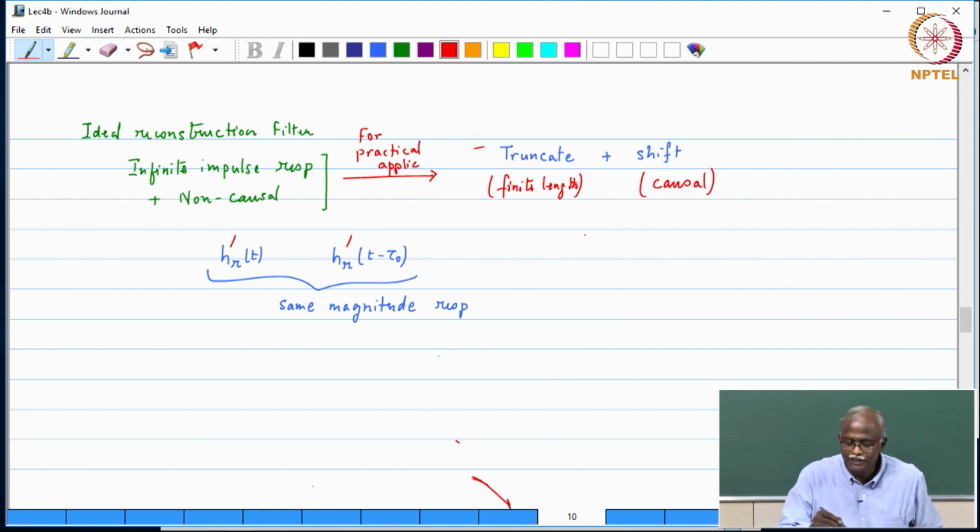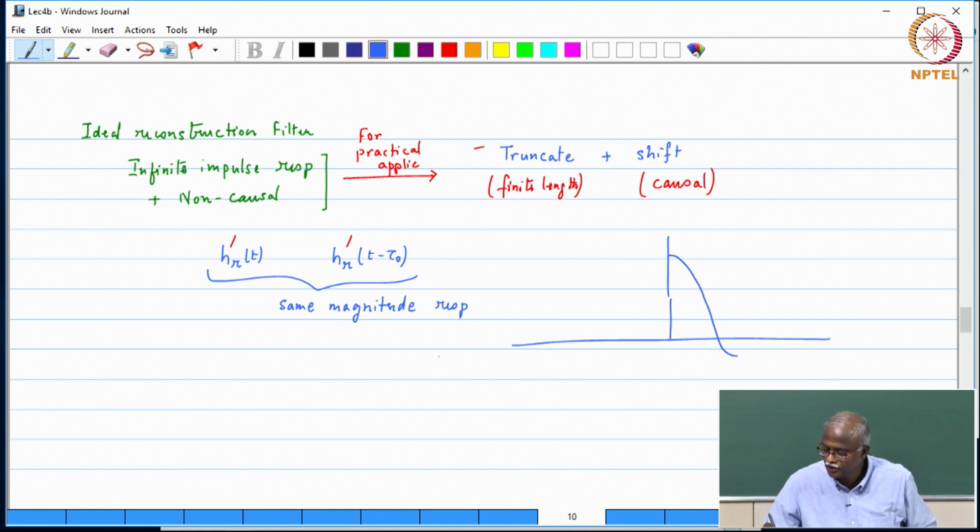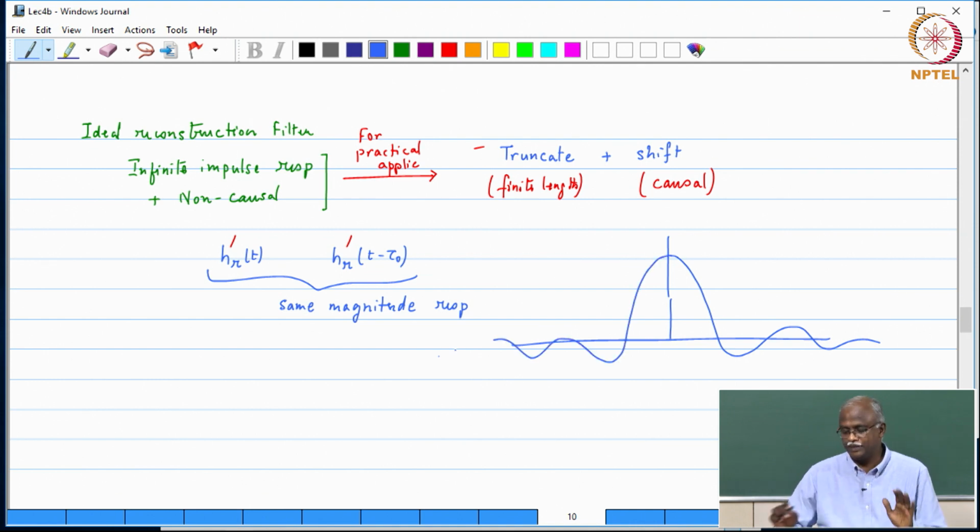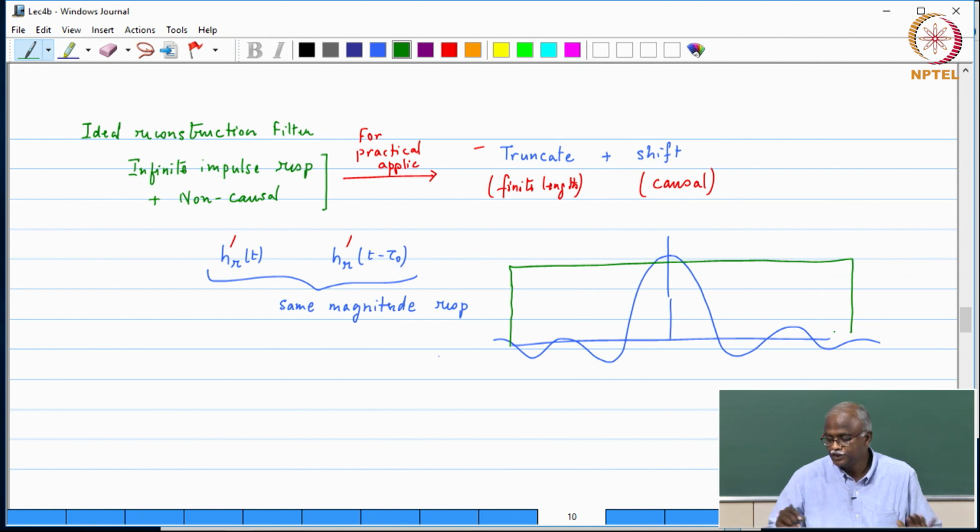So, truncation essentially means that we have an underlying filter that is infinite impulse response. I will just draw it very quickly, it may not be very symmetric, but I want to truncate it. There are several ways in which we can truncate. We can truncate using a symmetric rectangular window, or one of many windows which have a smooth transition.